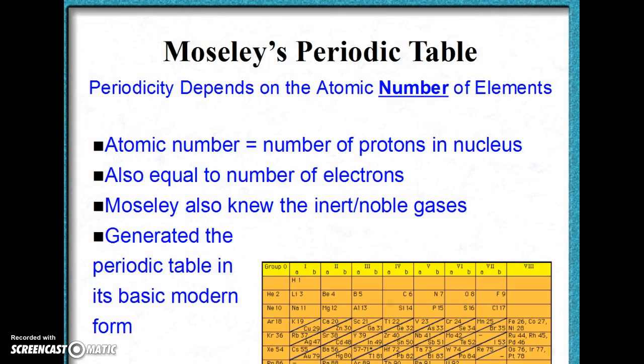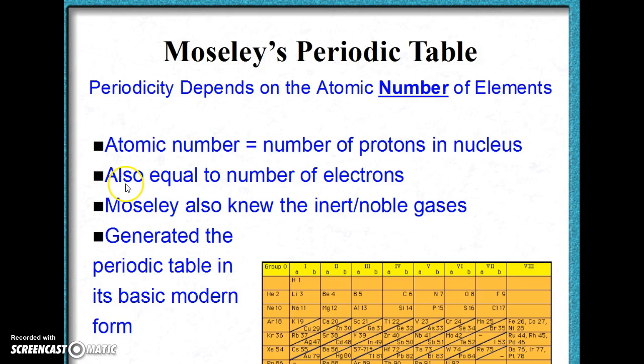Moseley came along about a half century later and discovered that the periodicity depends not on the atomic mass but on the atomic number of elements. And he was able to very cleverly measure the number of protons in the nucleus. The nucleus had only recently been discovered, and the atomic number is the number of protons.